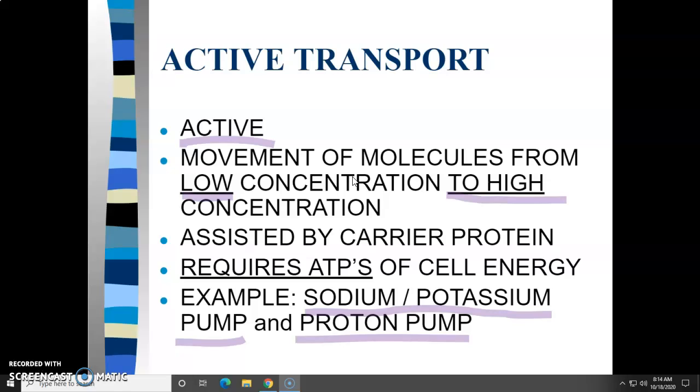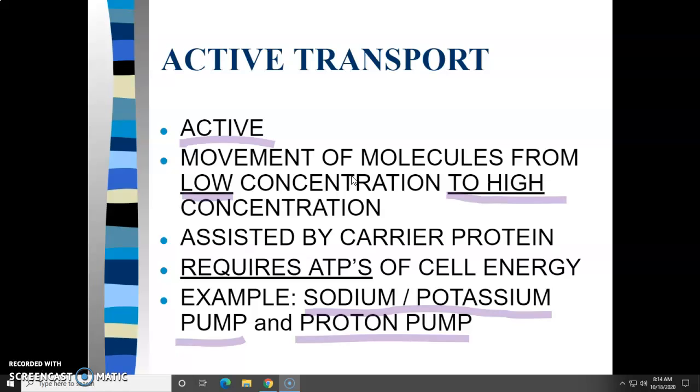It must be assisted by a carrier protein, so yes, a protein is required. And I have 2 examples here. One example is a sodium-potassium pump, so you could do the symbols Na and K, and the proton pump. And this has to do with your body. In your body, one of the things is your heartbeat and keeping the correct amount of these elements in your cells.